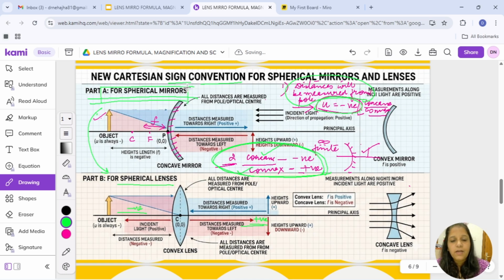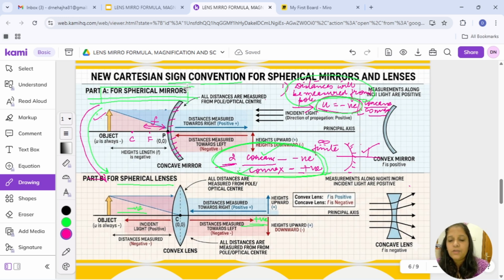So u will be negative for both the lenses, and focal length for concave lens will be negative, and focal length for convex lens will be positive. So exactly the sign convention of mirror is applicable for the lenses. We don't have to think separately. Whatever concept is there for mirrors, that you can apply for the lenses.